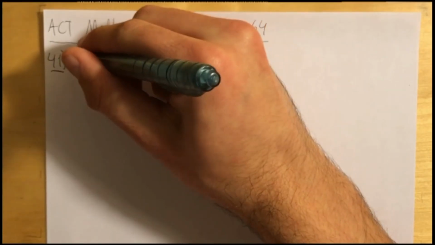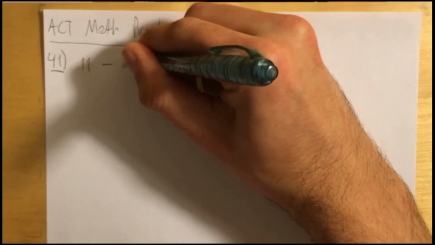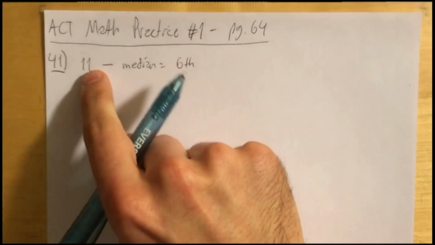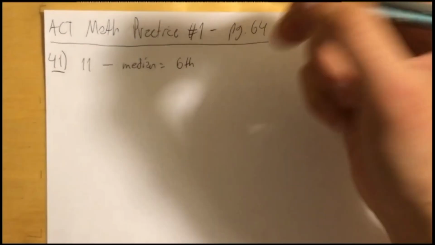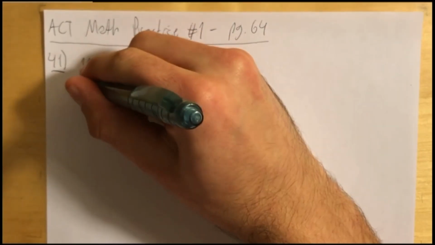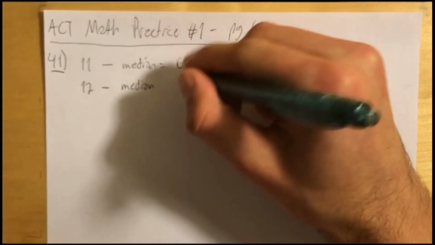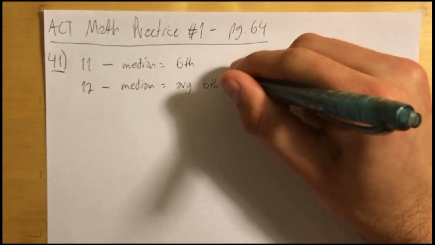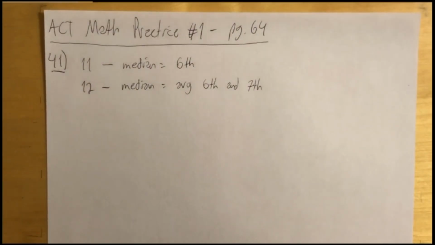For instance, if you have 11 values, the median would be the sixth, assuming they're sorted from lowest to highest. If you have an even number, for instance, 12, the median would be the average of the 6th and 7th scores.